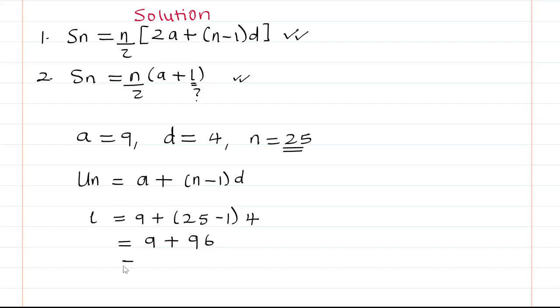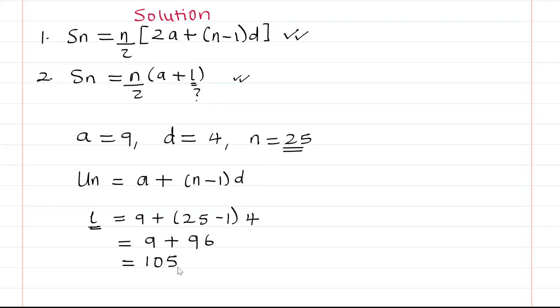And then we add. I'm getting 105. So when we say the last term, we mean the term at the position of interest, that is the term in position 25.